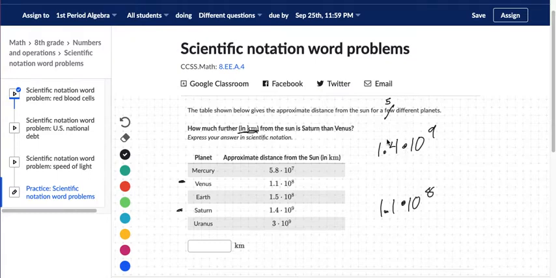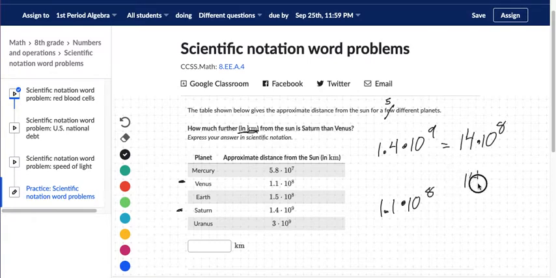So let's change this one to times 10 to the 8th. This would be 14 times 10 to the 8th, right? Because we moved our decimal 1 this way, and that subtracts 1 from there. So 14 times 10 to the 8th.